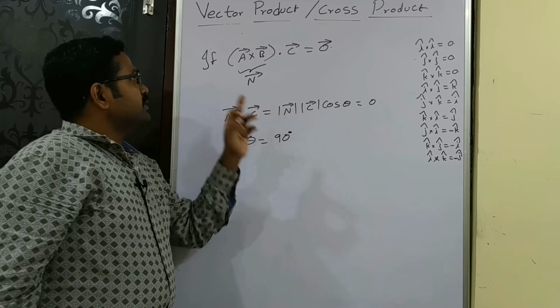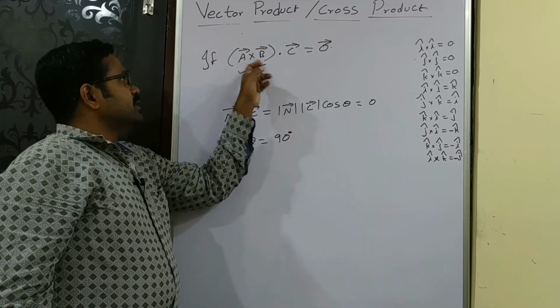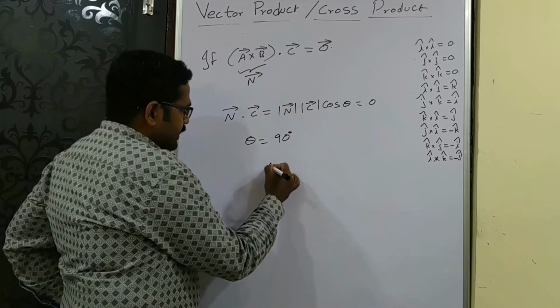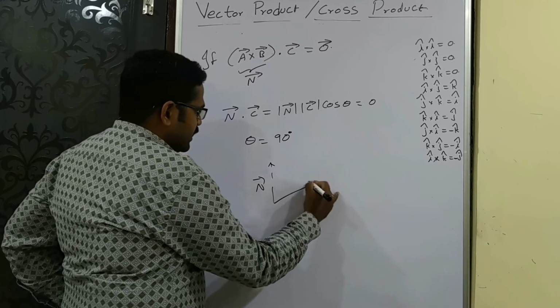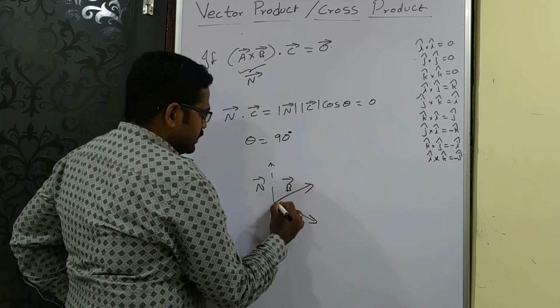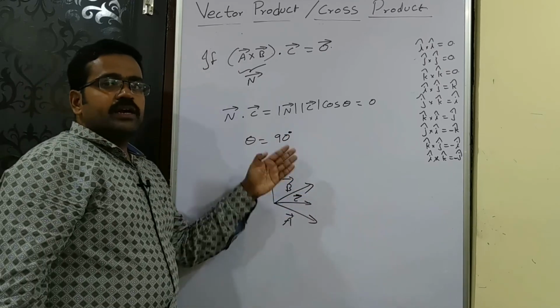So how is vector n here? Vector n is again perpendicular to vector A. It is perpendicular to vector B. So when vector n is perpendicular to vector A, vector B and vector C, it means all these three are coplanar vectors.